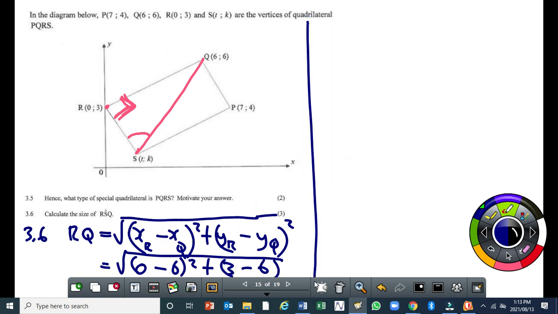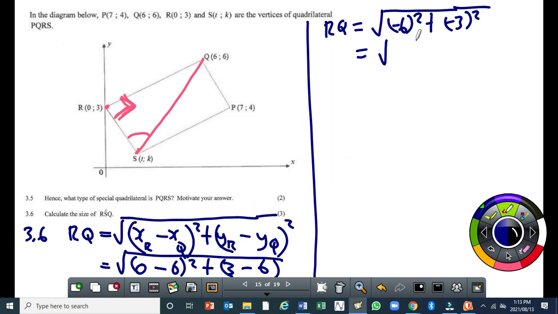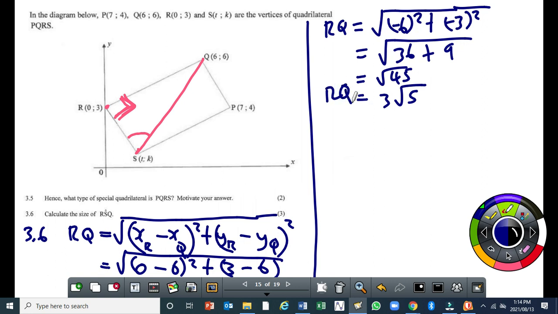So if I simplify that, I will get 0 minus 6, that will give me minus 6 squared, plus 3 minus 6, that will give me negative 3 squared. So I'll get 36 and 9, so I'll get the square root of 45, which is the same as 3 square root of 5. So that's RQ. Alright?